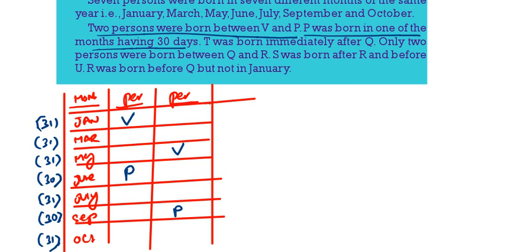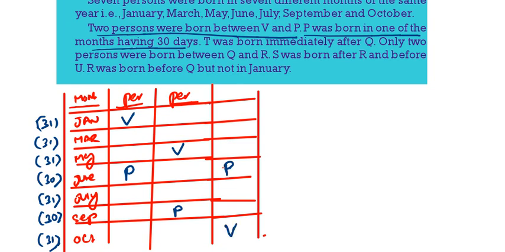We will check one more possibility also. You take P here. Now you take V here in the last. We will check. Then see the next one.